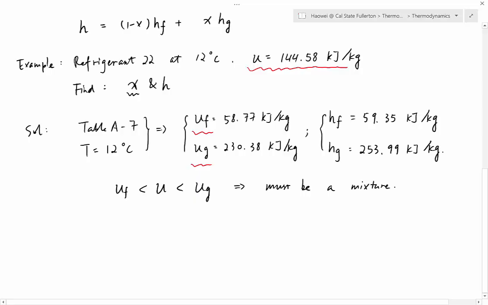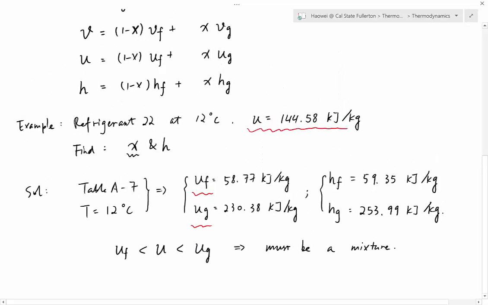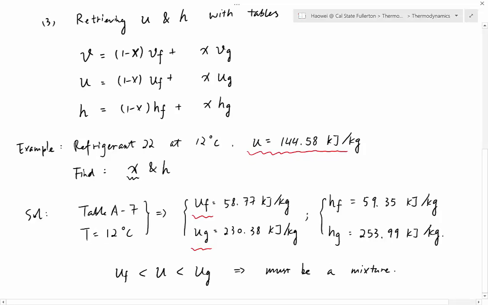How do we look for quality? Which equation do we have that has quality inside? Let's go back. Do you remember we have those three equations, v, u, and h, when you have a mixture. And in those three equations, we have x showing up. So probably we'll use one of the three.